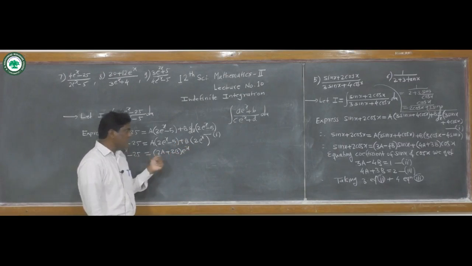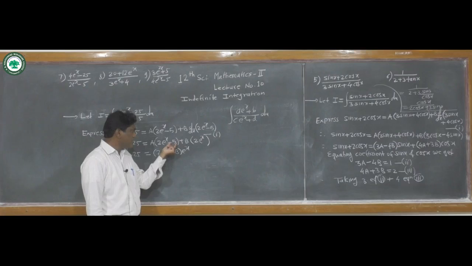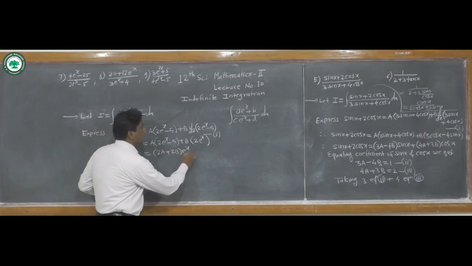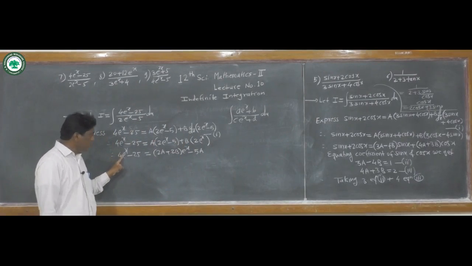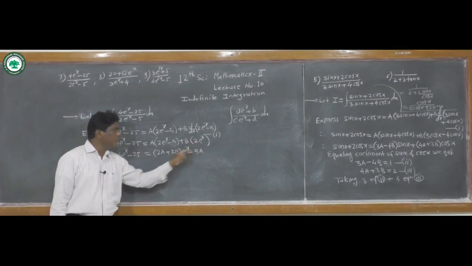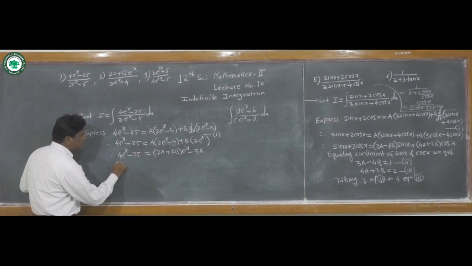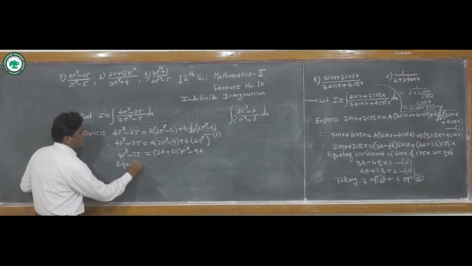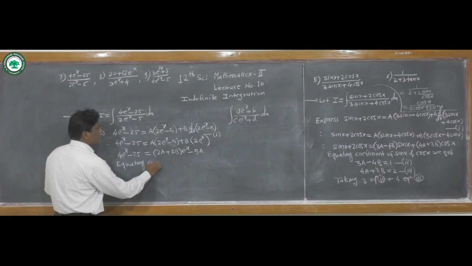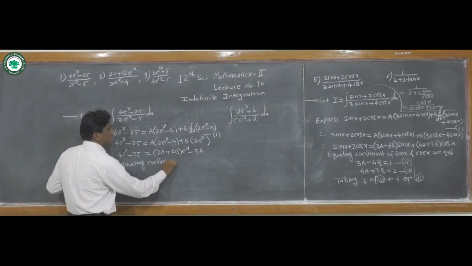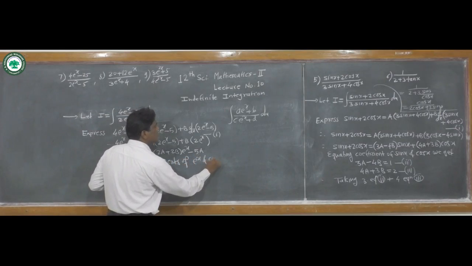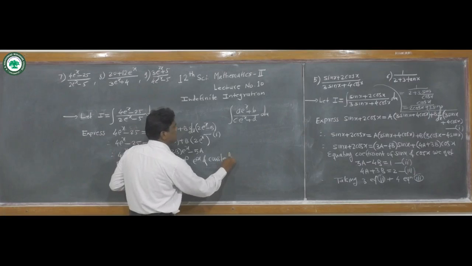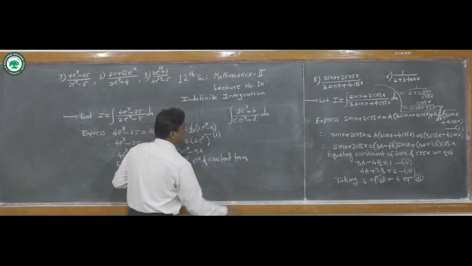And now take the constant term. Here minus 5 is constant, minus 5 into a, so minus 5a is the constant term. And now equating the coefficients of e to the power x and constant terms on both sides.